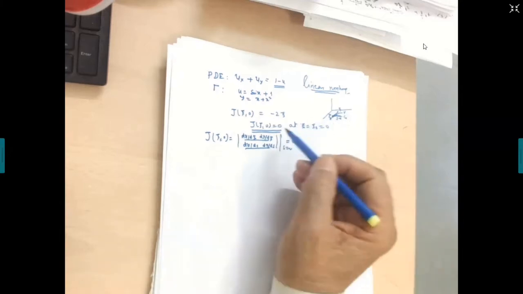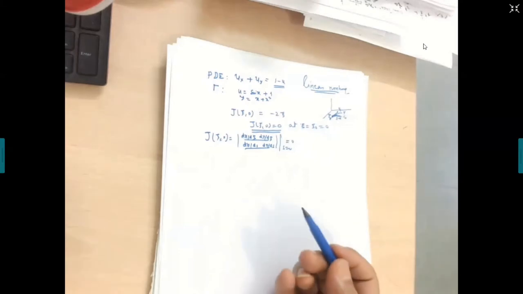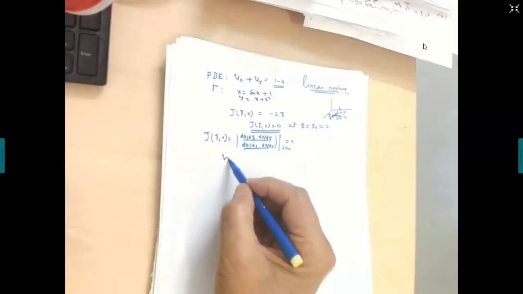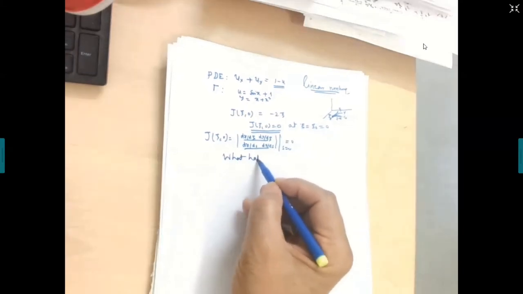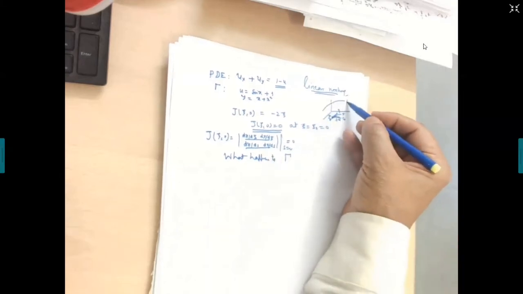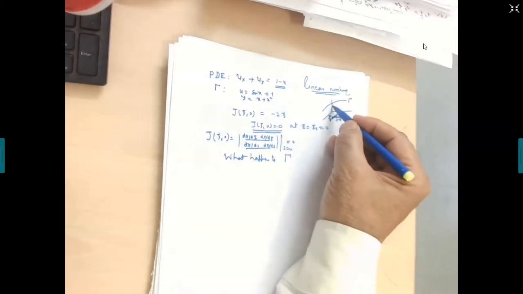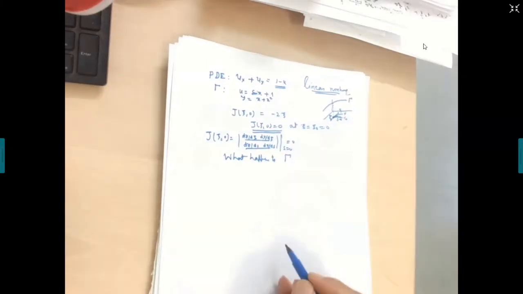All right. So J is equal to 0 at xi equal to xi naught. My point would be, what happens to capital gamma, which is your space curve, at xi equal to xi naught? This is the point.